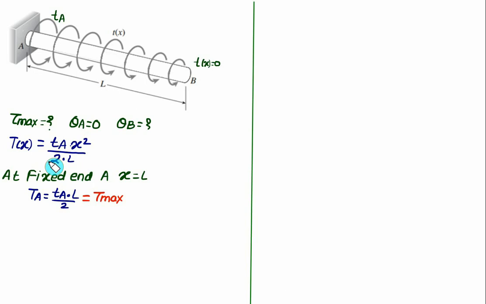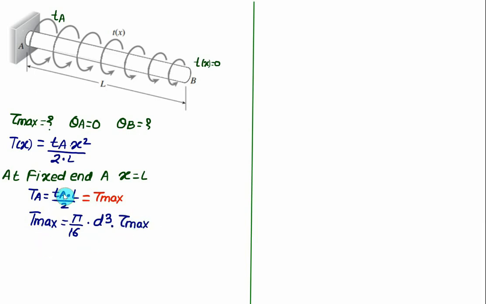So at any distance x, the internal torque Tx is equal to Ta into x square by 2L. At the fixed end, we have maximum torque equal to Ta into L by 2, and the maximum torque equation is given as T maximum equal to pi divided by 16 into diameter cube multiplied by maximum shear stress.